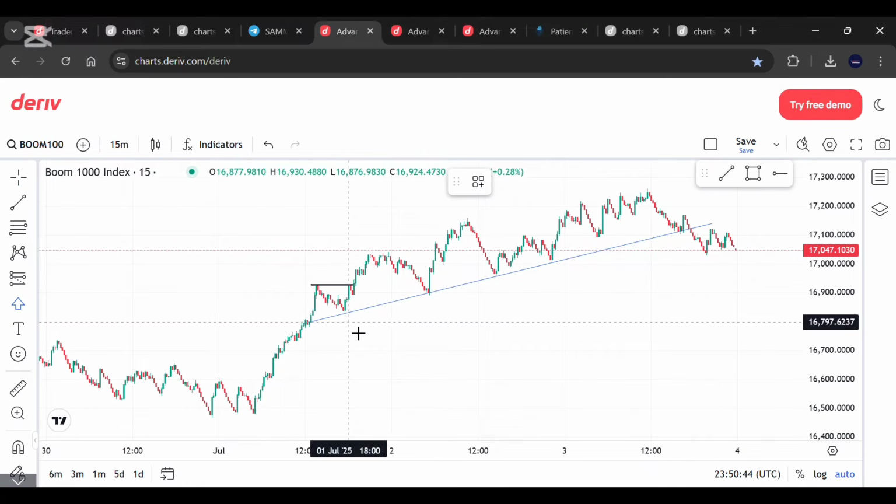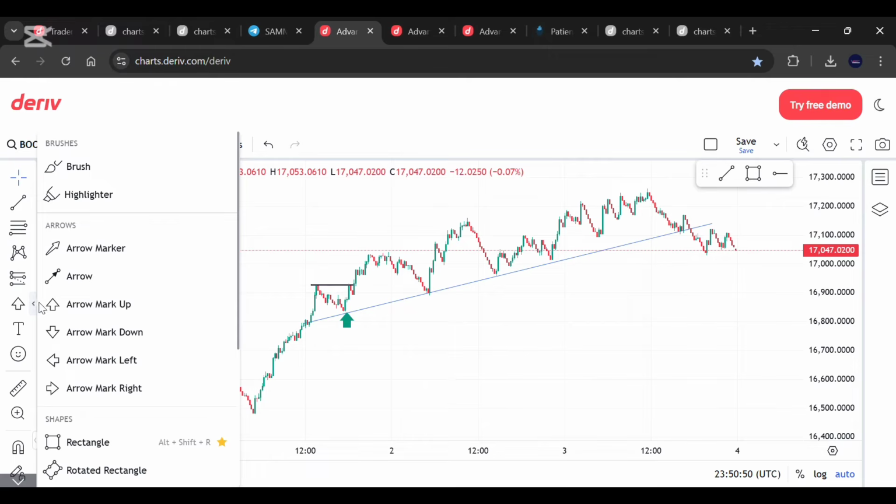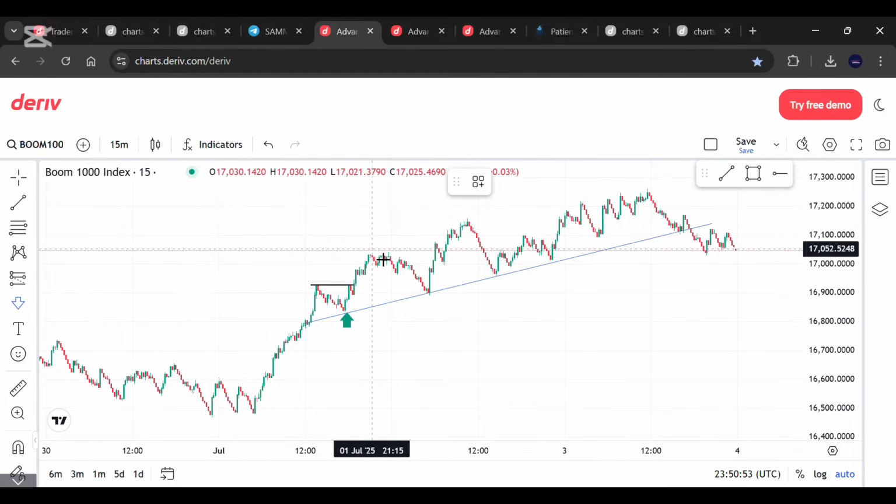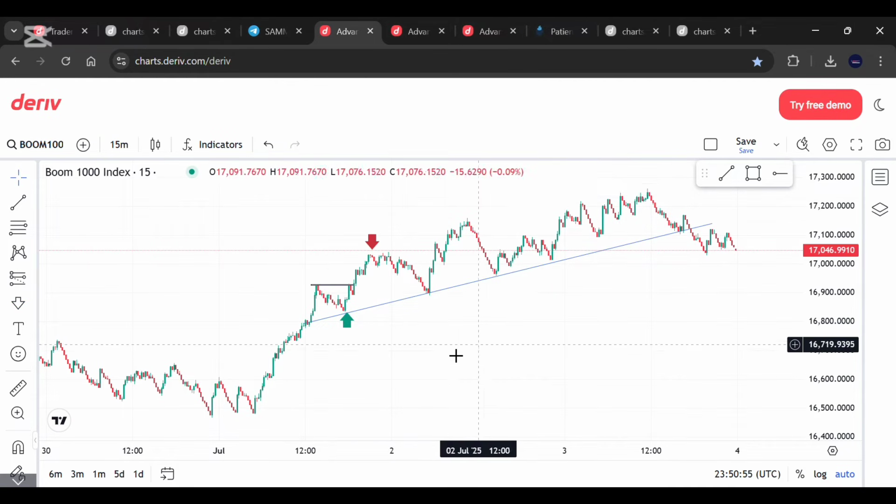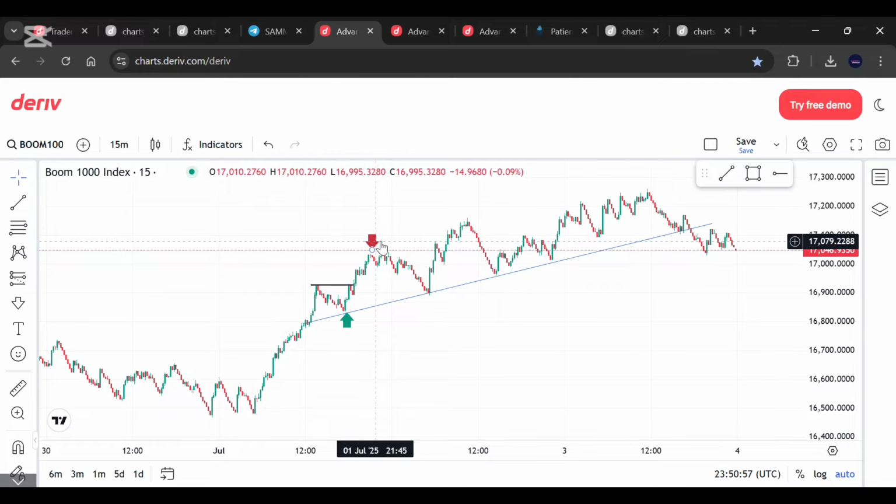I will use the arrow for, let's say, the support. Yeah, the support price bounced on, and I'm going to use the other arrow for the highs of the support. So this is the high of the low, right?